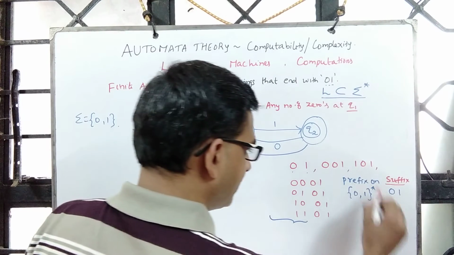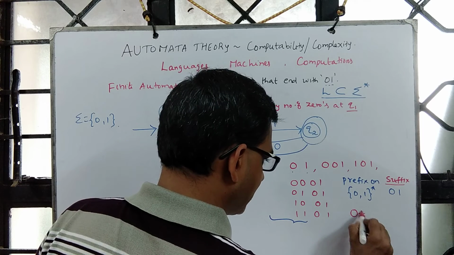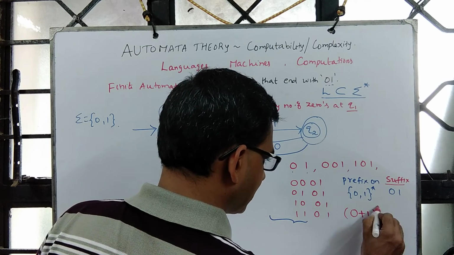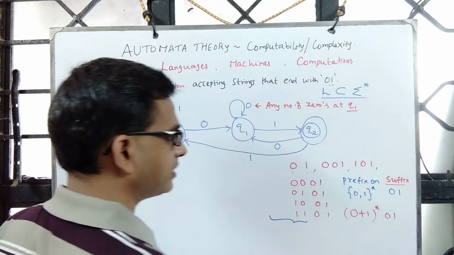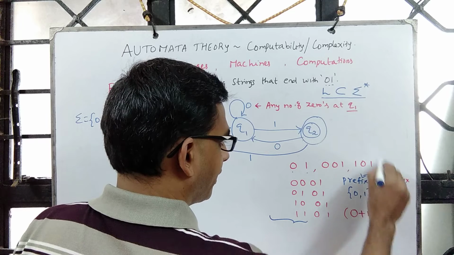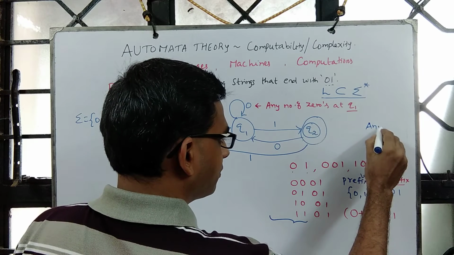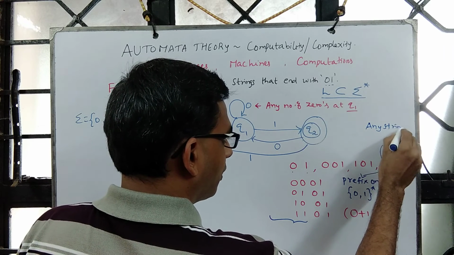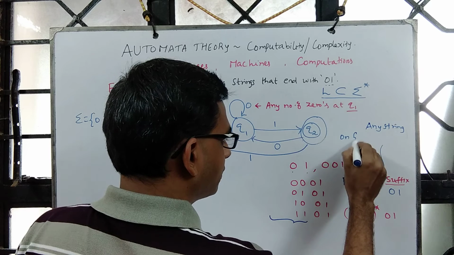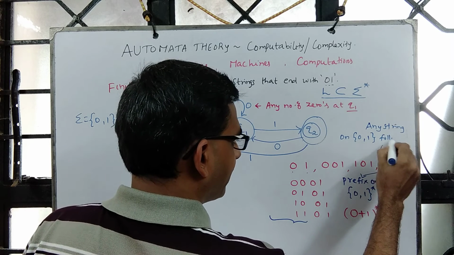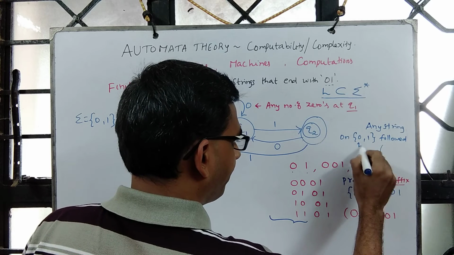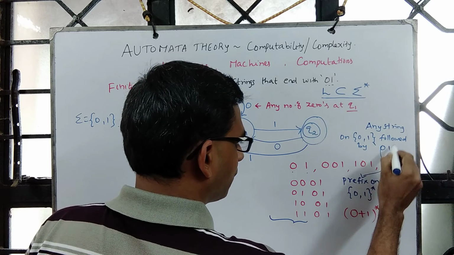And how do we write this? The notation for this is 0 plus 1 star followed by 0 1, which means any string on 0, 1 followed by 0 1.